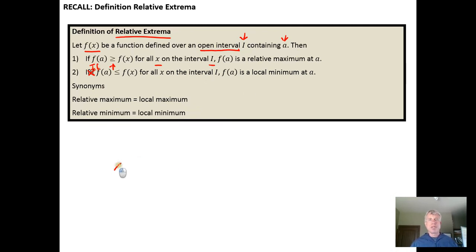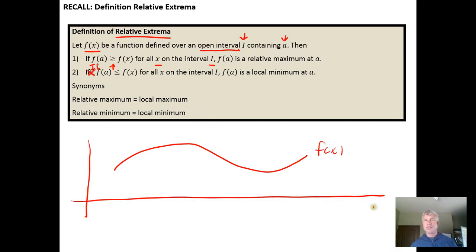So essentially what we did is we said, here's my function, and there's a y and an x-axis, and our domain lives on the x-axis when we're working with a function of a single variable. So we said, if we can find an open interval I such that there's a number a on that interval I where f of a is greater than or equal to all the f of x for every x in that open interval, then we had a local maximum.